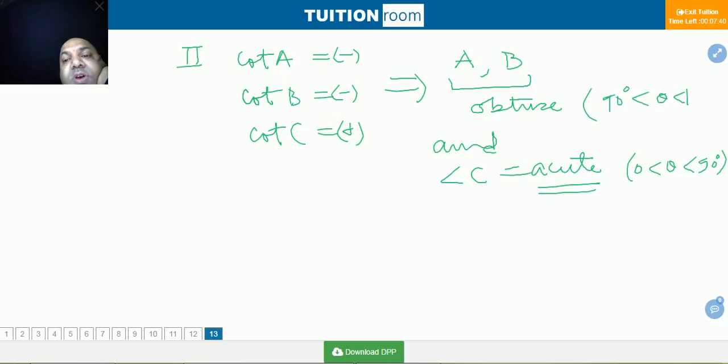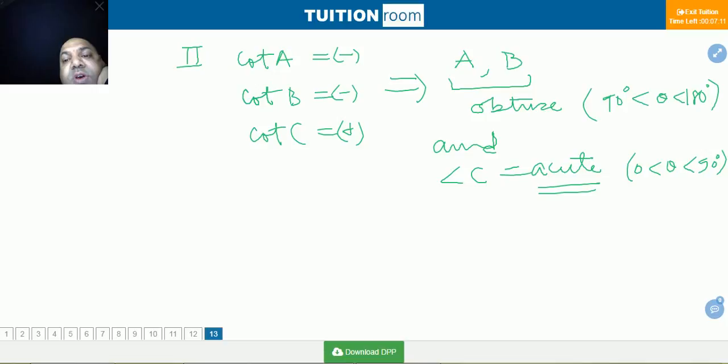Then we know one important thing: in any triangle only one angle can be obtuse. Two angles cannot be obtuse in the same triangle, because the sum of all three angles should not exceed 180 degree. In any triangle there can be only one right angle and only one obtuse angle.